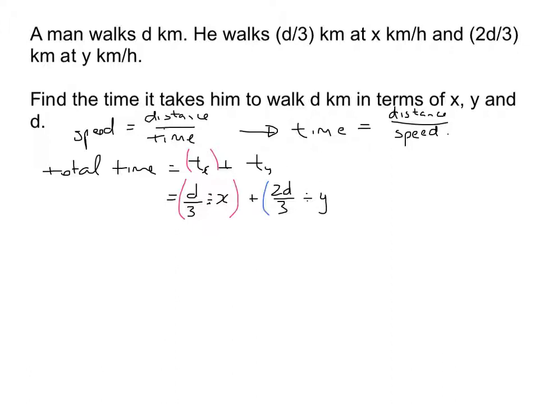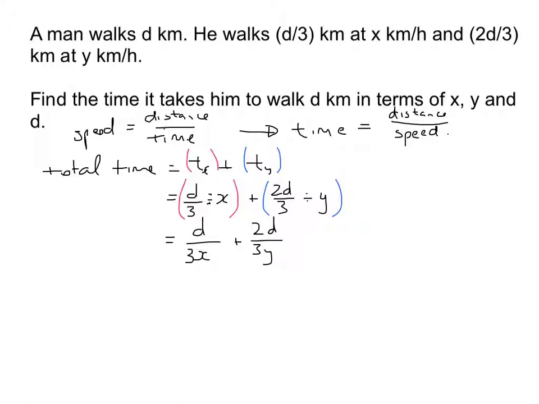That bit relates to time for y. So rewriting these two expressions, this will be equal to d over 3x plus 2d over 3y.